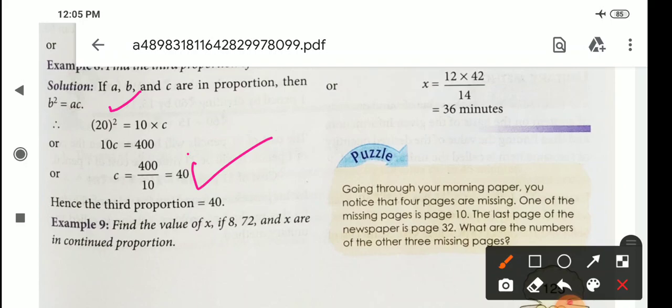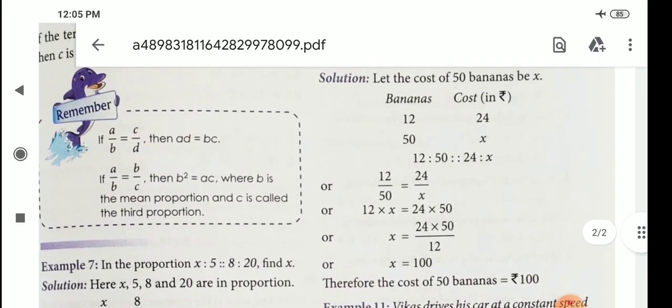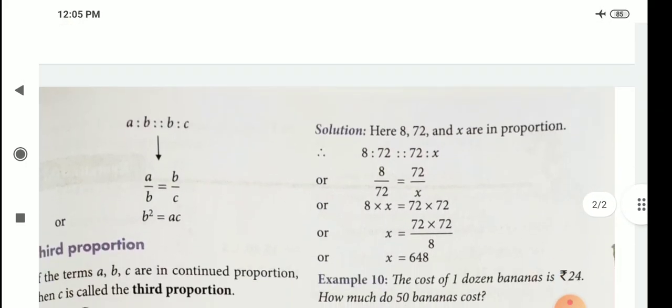Then example 9. Find the value of x if 8, 72 and x are in continued proportion. Children, we know continued proportion means the second and third terms are equal. Let's see the solution. Here 8, 72 and x are in proportion.